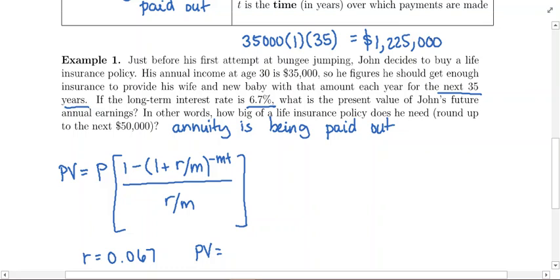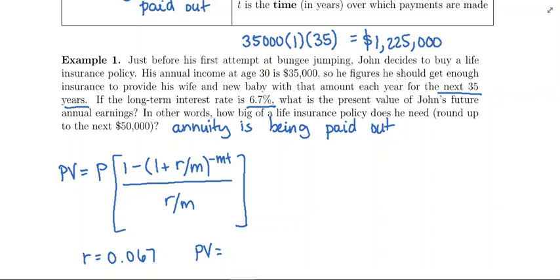You want to think of this life insurance policy as a pool of money. So you have this account that the wife and child would be paid out of. When this account starts up, it is not going to have $1,225,000 in it to fund them.